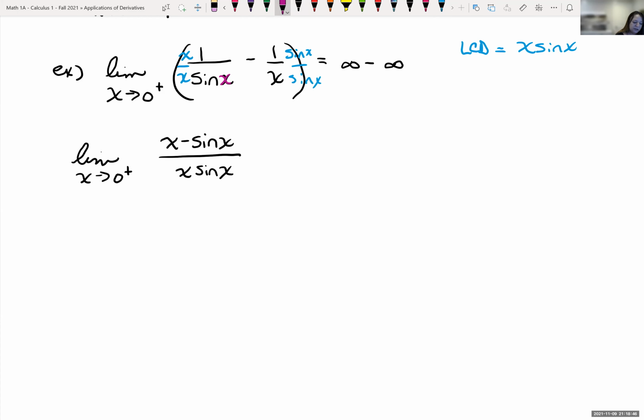And so now when we do direct substitution and we plug in 0 wherever we see an x, we get 0 minus sine of 0. Sine of 0 is 0. So that's 0 all over 0 times sine of 0, which is 0. So now we have that indeterminate form. And so we're going to use L'Hopital's rule.